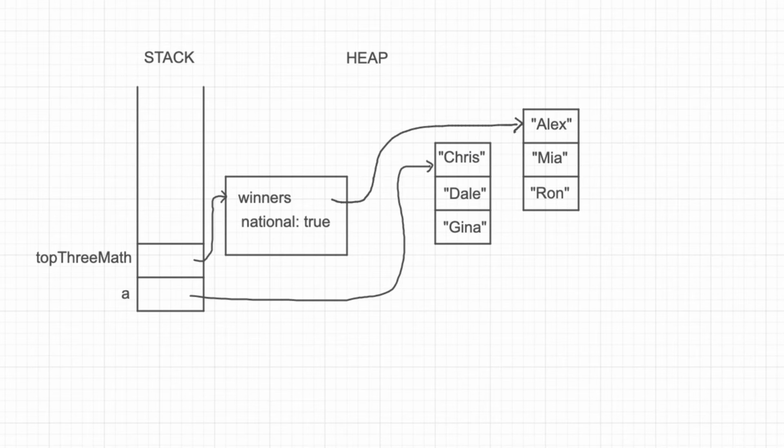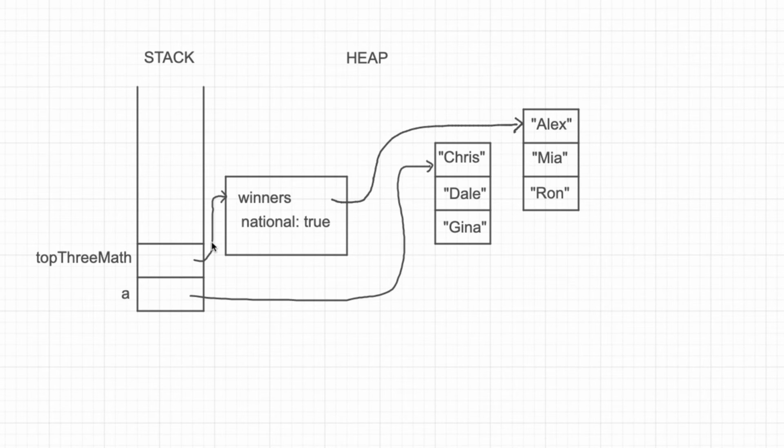So here you can see the updated memory allocation. The big difference is the second array here on the heap. It was created when the top 3 object was created in the constructor when we called Arrays.copyOf. So originally my array A pointed to an array that included Alex, Mia, and Ron.